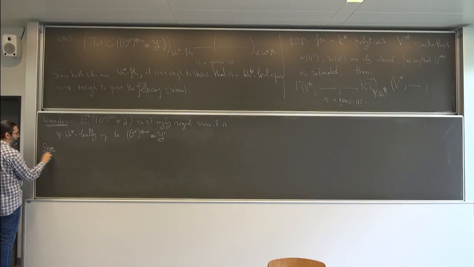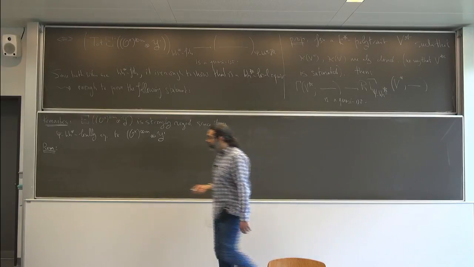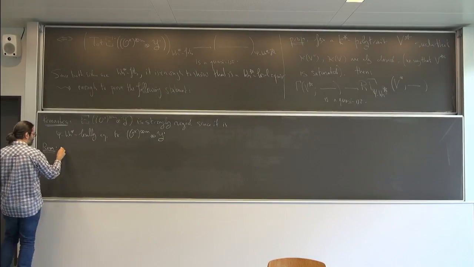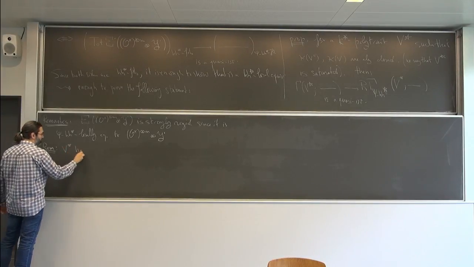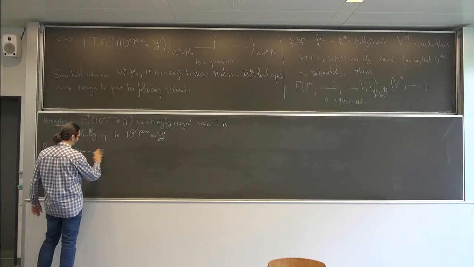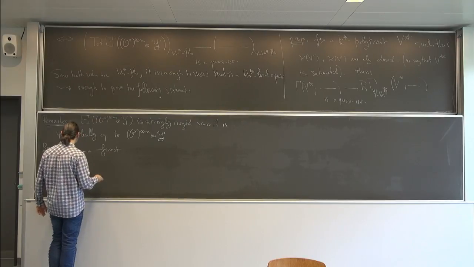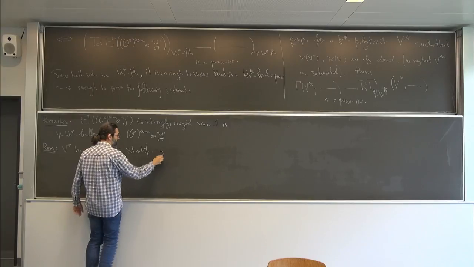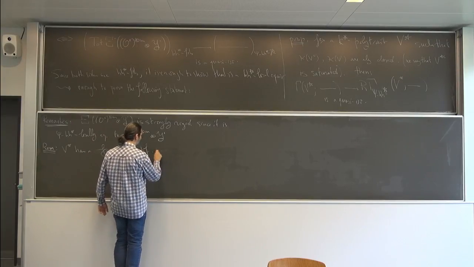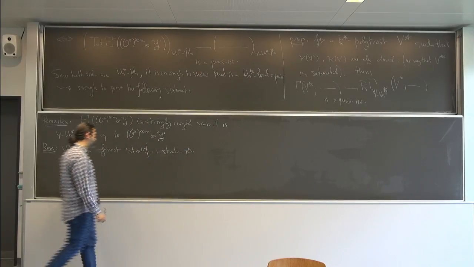Another remark is the following. How can I understand this complex here, for instance? Remark that V star has a finest stratification, such that the strata are equal to the points.